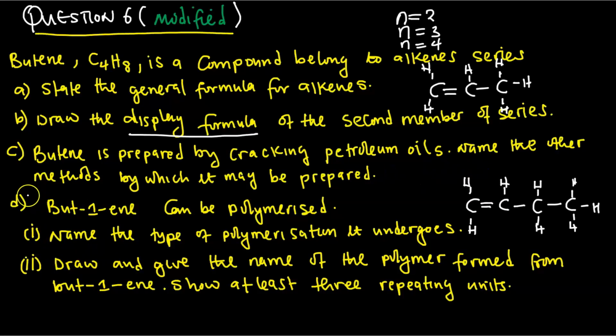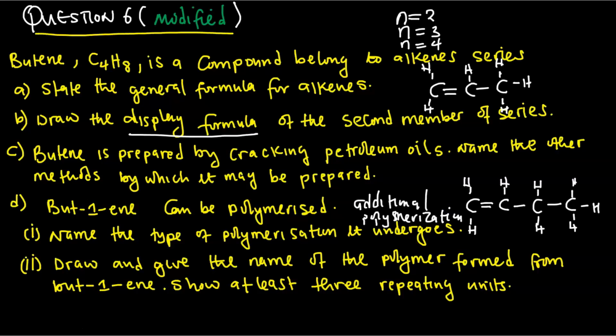Okay, so they are saying it can be polymerized. And of course, you know that they undergo addition polymerization. So name the type of polymerization it undergoes. I've just given it already. That is addition polymerization, where the repeating unit keeps on adding.